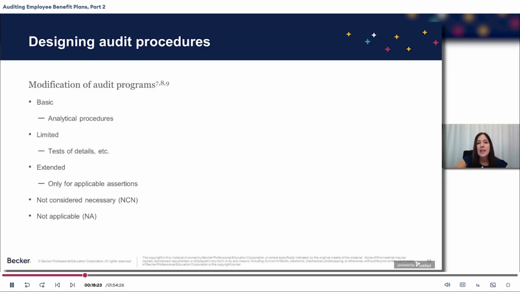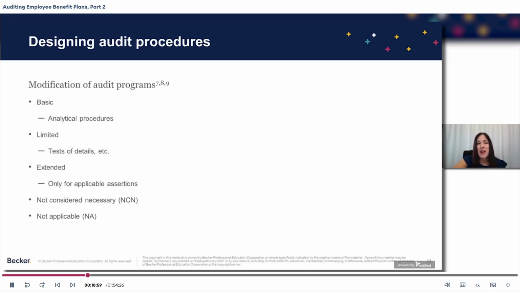Then as the risk increases, you may perform what's called limited procedures, which would be your basic substantive test of details. Then for those highest levels of risk, you could have extended procedures. Those extended procedures you would only apply for those assertions where you've assessed the risk at high. So you wouldn't have to do extended procedures for every assertion, just for those assertions where you have identified a high level of risk.